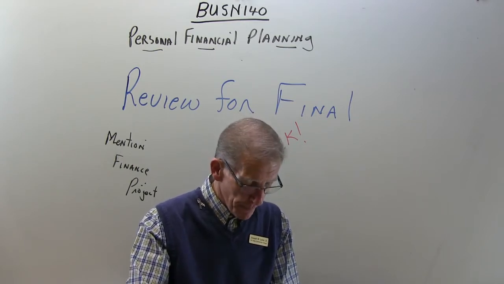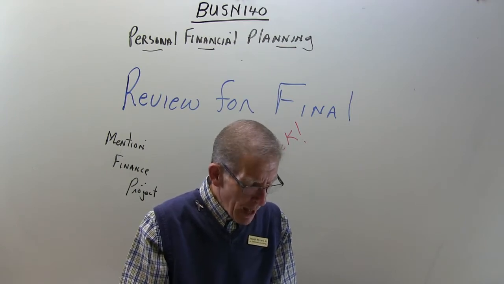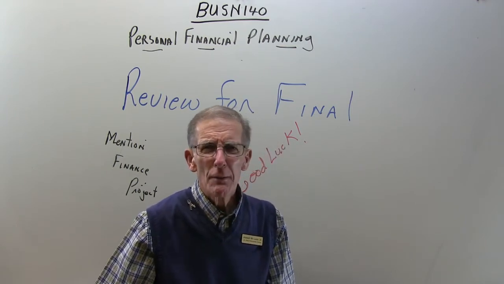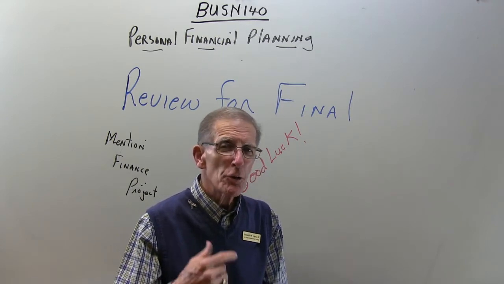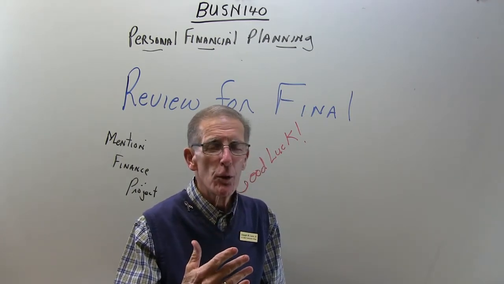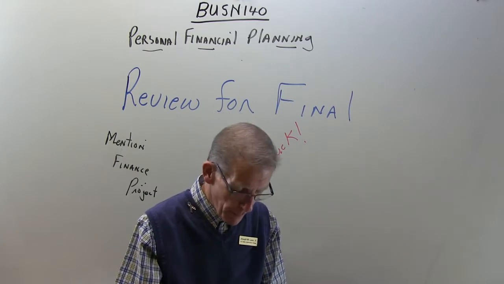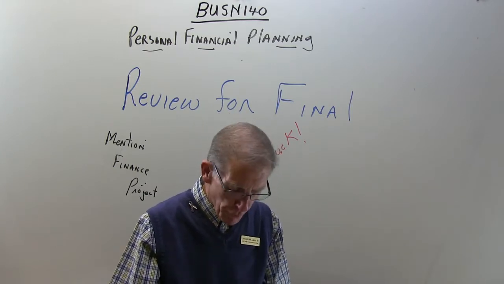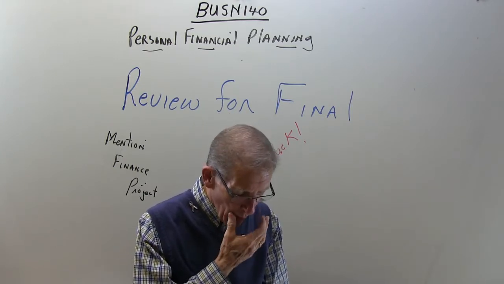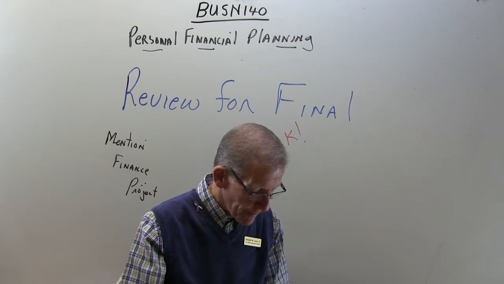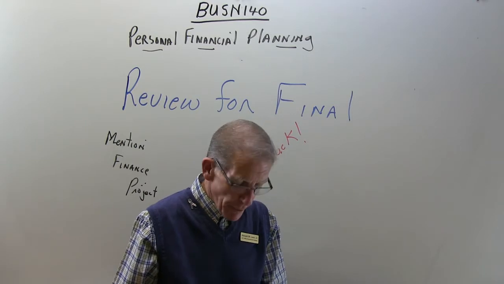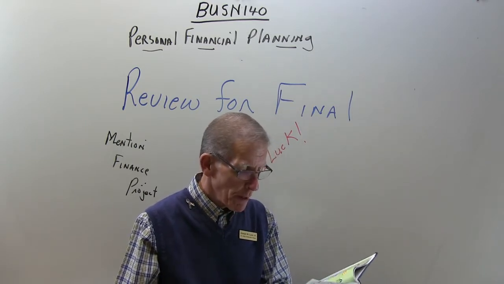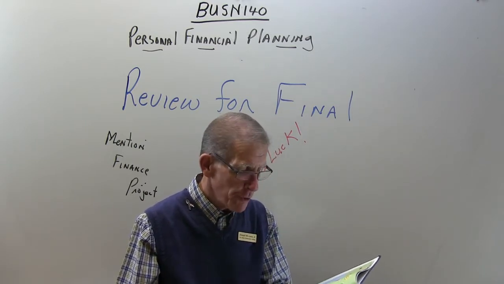Chapter 2. Chapter 2 is the chapter having to do with financial statements. There's a few things in Chapter 2 I either want you to know or be familiar with. At the very first of Chapter 2, on page 43, I want you to be familiar with what a balance sheet is.